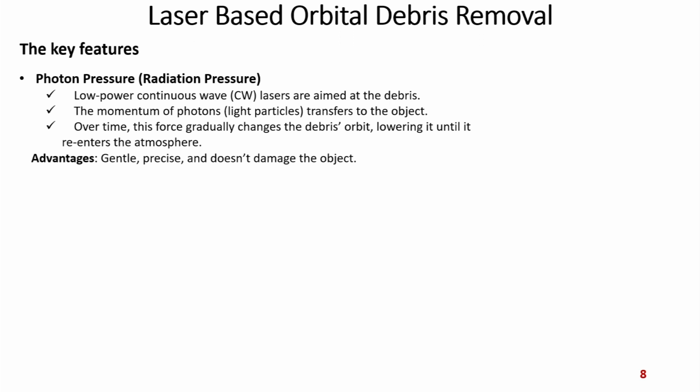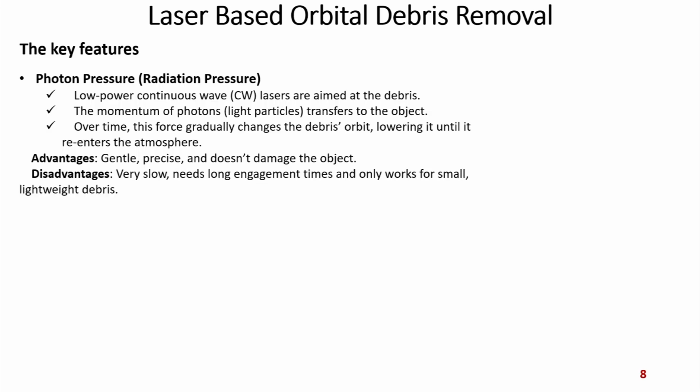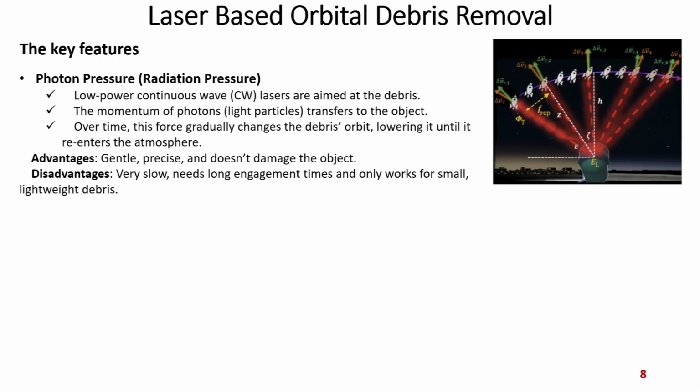It is gentle, precise and does not damage the object, as we mentioned in the previous slide. There can be a risk that it can break the debris into smaller pieces, and that can be avoided by using this system. And what is the disadvantage? As I already said, it is very slow, it needs long engagement times and only works for small lightweight debris. So, this is the technique, and the other is laser ablation.